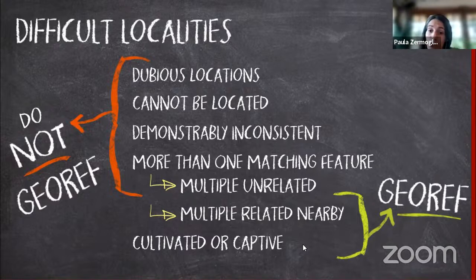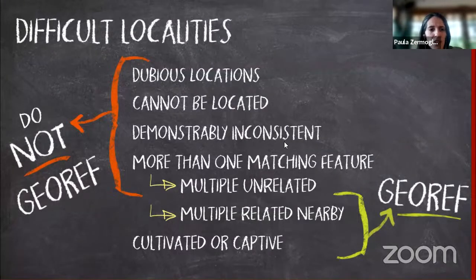So in that case, we can also georeference because we know where that zoo, that museum, or that botanic garden is. So we do georeference that, and we capture the information about the specimen being cultivated or captive in other fields.